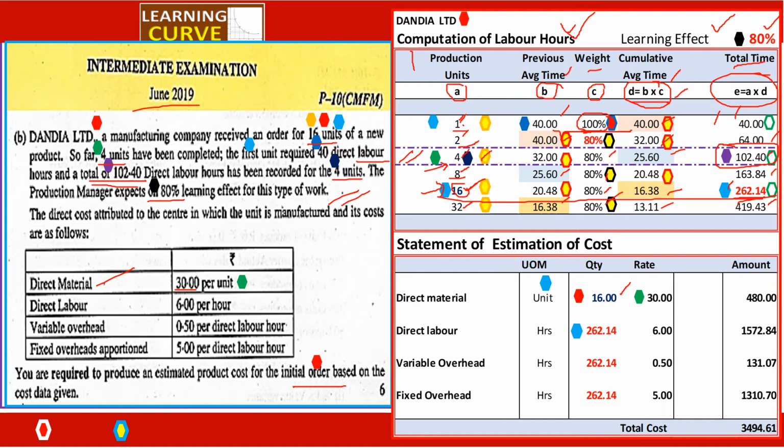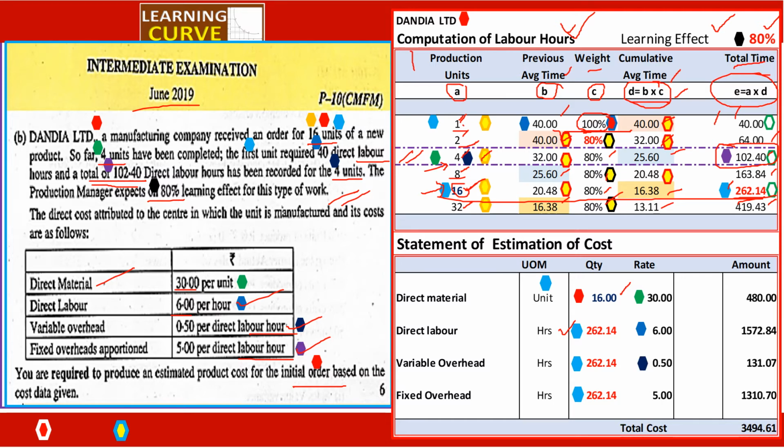This labor hour is used for direct labor, for variable overhead, and for fixed overhead. We put these hours against each of these. For direct labor, the norm is 262.14. And as per the input given, direct labor is 6 per hour. I put 6 per hour.